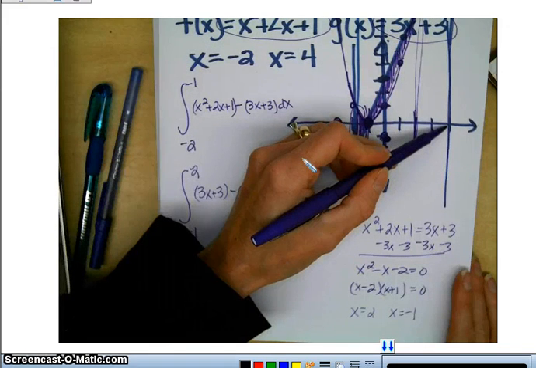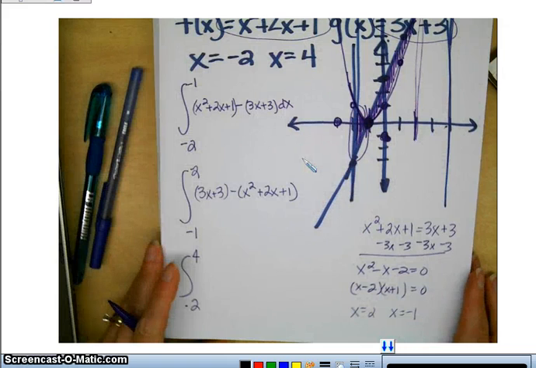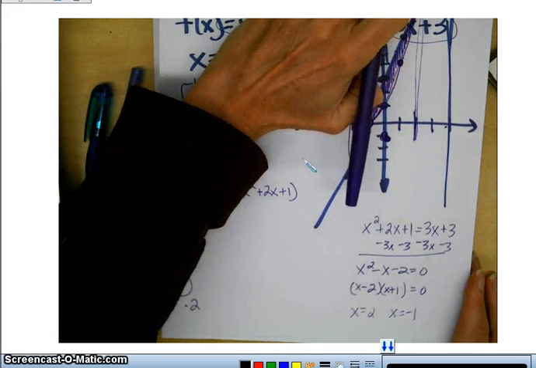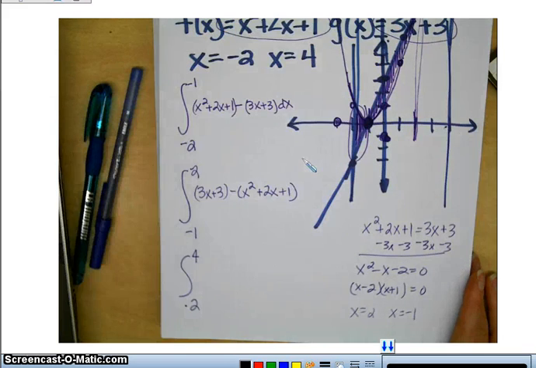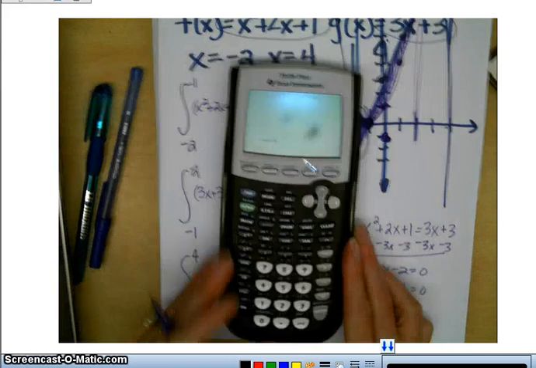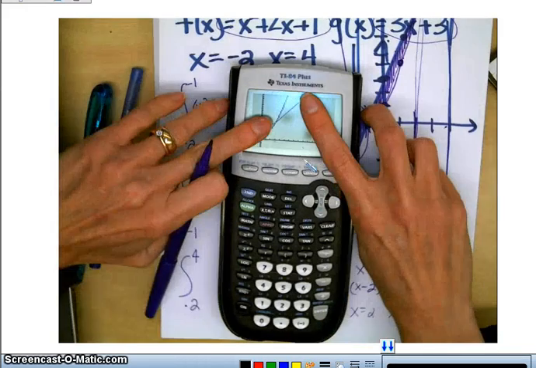What is the ending of it? 4. Okay. We don't need the y values. So in this section, what's the top function? What are your options? Here it is right here. What's on top there?